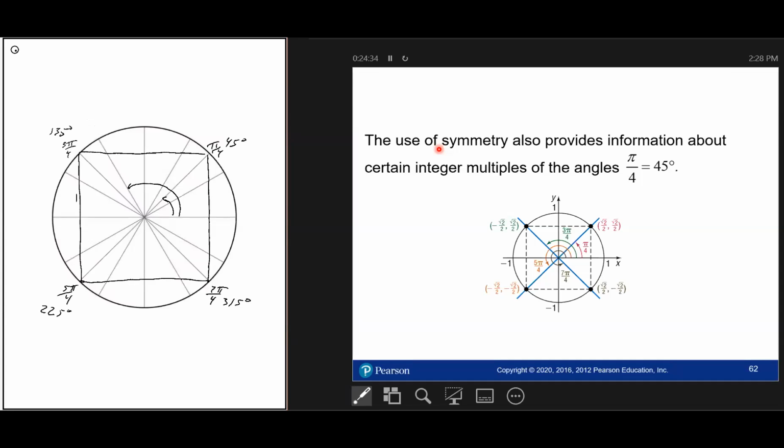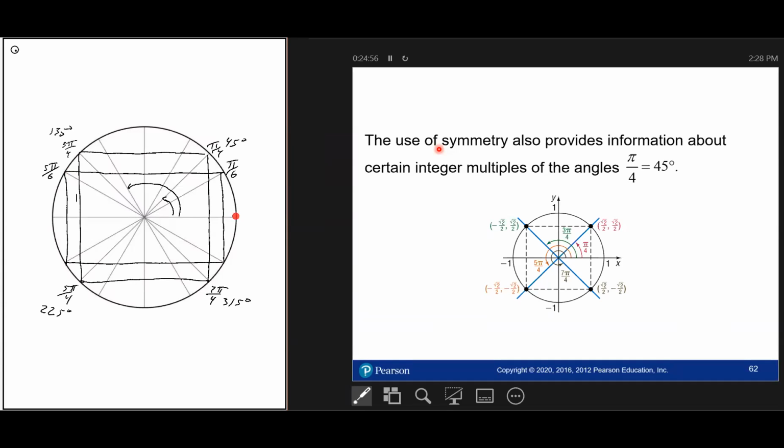Okay. So now I call them the 30-degree angles or the pi over 6 angles. All right. So we have pi over 6, and we have 5 pi over 6.